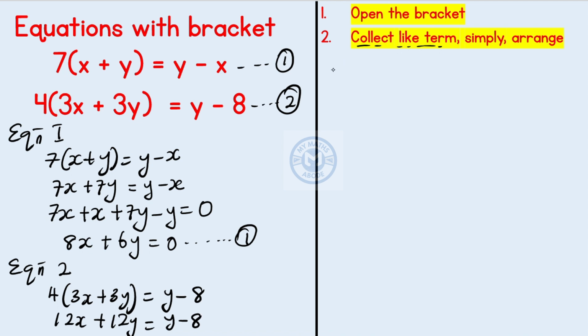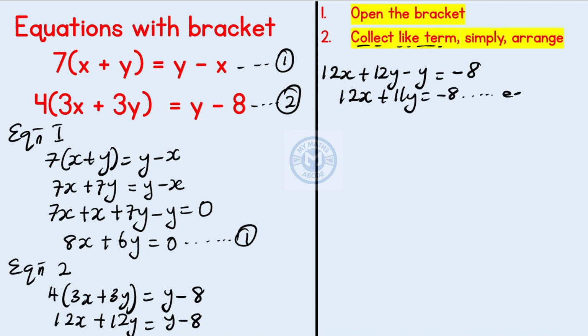So collecting like terms, this will be 12x plus 12y minus y is equal to negative 8. This will leave me with 12x plus 11y is equal to negative 8. So this is my new equation 2.